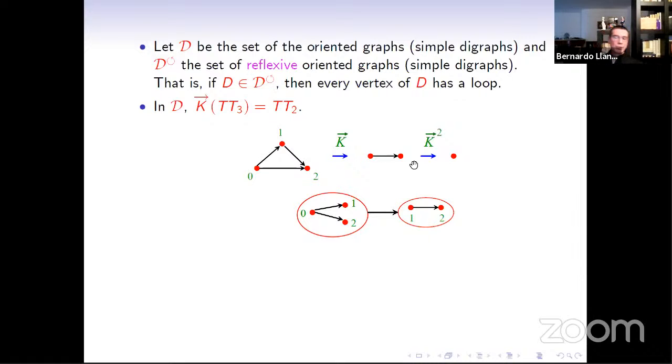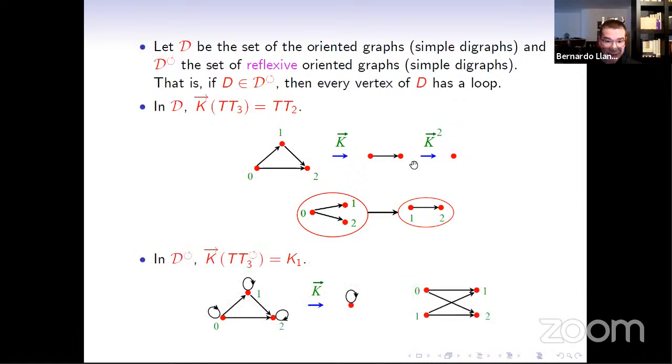Of course, you can prove that for a transitive tournament TTn on n vertices, it converges in n minus 1 steps. In the case you have loops at every vertex, this is the class with this little sign here.